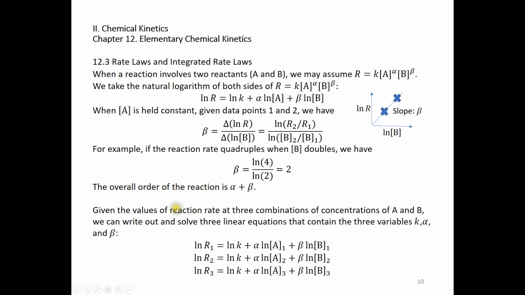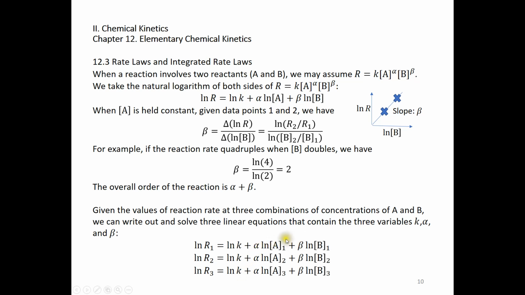And also, if we have the values of the reaction rate at three different combinations of concentrations of A and B, we can then write out three equations. And these three are linear equations. They contain three variables: k, the rate constant, alpha, and beta.